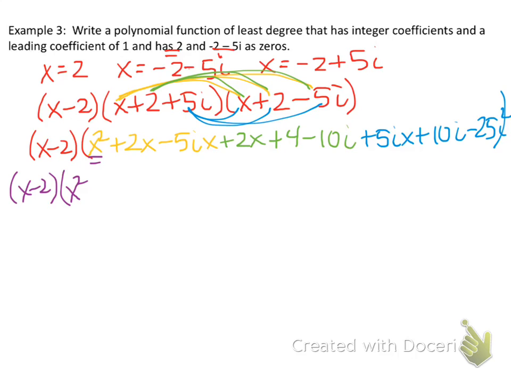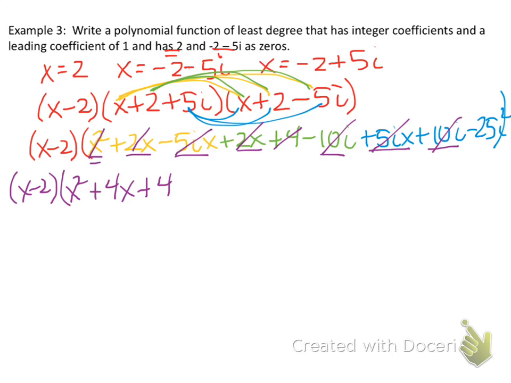So I have an x squared. I have a 2x and a 2x, which gives me 4x. I have a negative 5ix and a positive 5ix, so those will give me 0. I have a negative 10i and a positive 10i. Those give me 0 as well. And then I have plus 4.